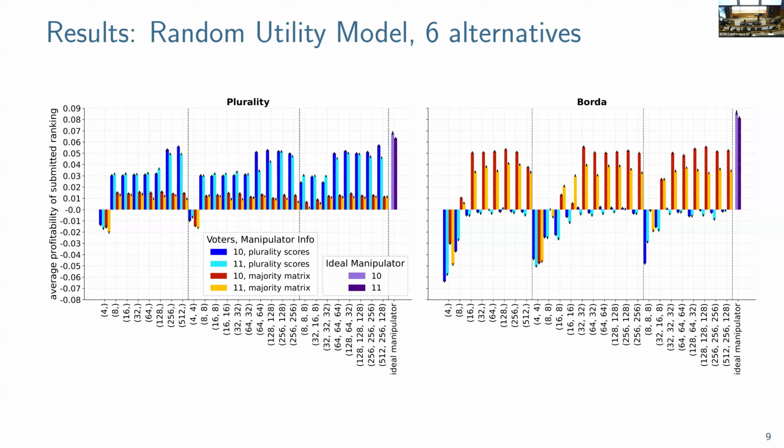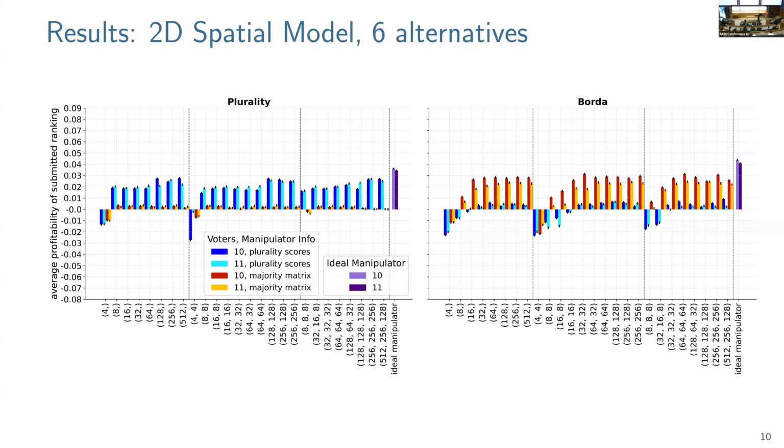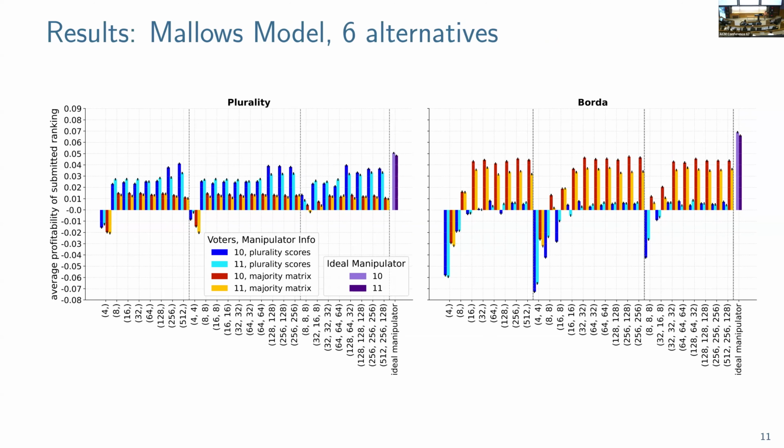You can see that when you have the right amount of information, for plurality scores, the neural nets can roughly learn how to manipulate the election, even with relatively small neural nets. As you change the underlying probability models, the level of profitability goes up and down, but the qualitative facts remain roughly the same.